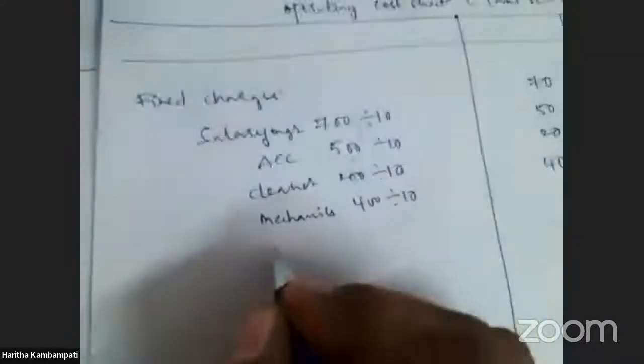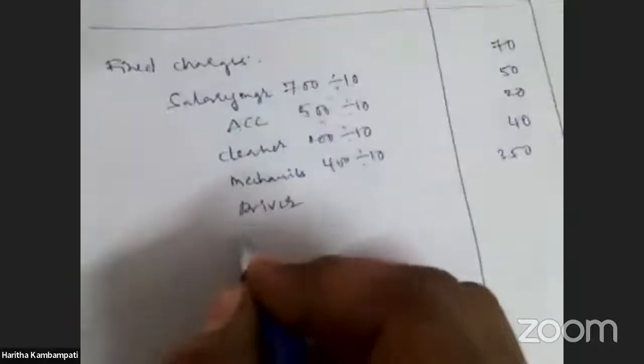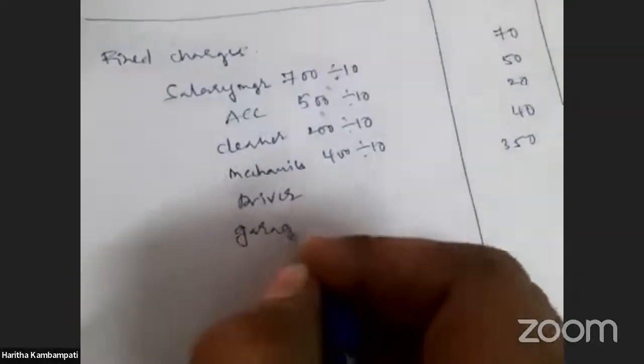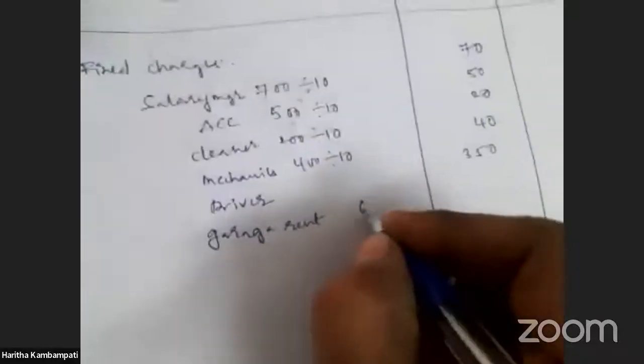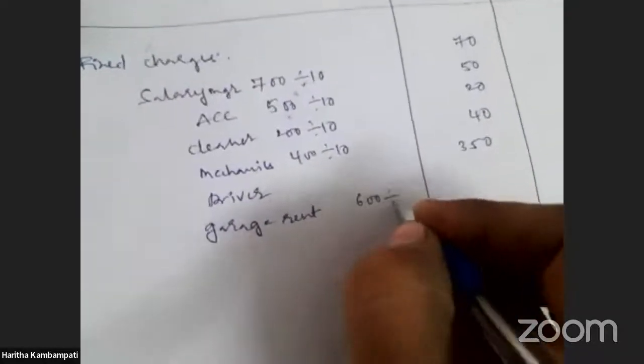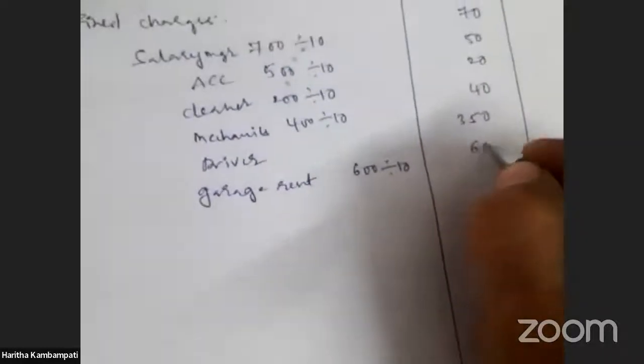That's why straight away we can take 350. Next one is garage rent. That is also for 10 taxis. That's why we are dividing by 10.